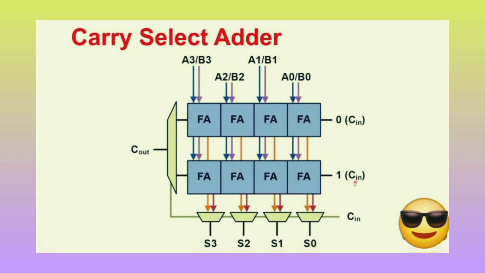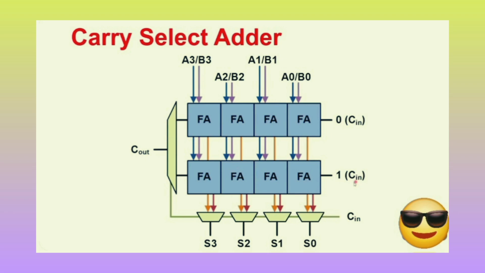Since both rows start simultaneously with the arrival of A and B, and each row is itself a 4-bit ripple carry chain internally, this delay is the propagation time through 4 full adders in series, the same as a 4-bit ripple carry adder. This computation runs in the background while the actual carry in is still in transit from upstream logic.